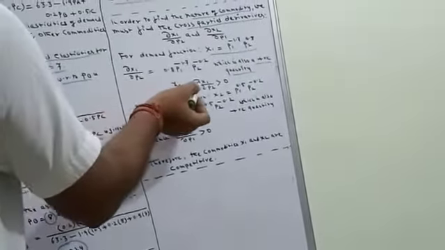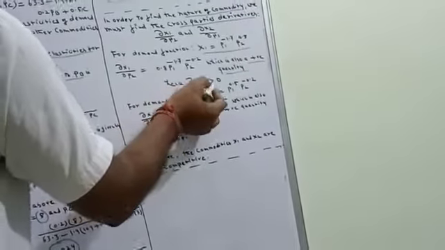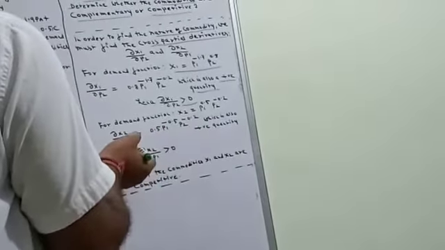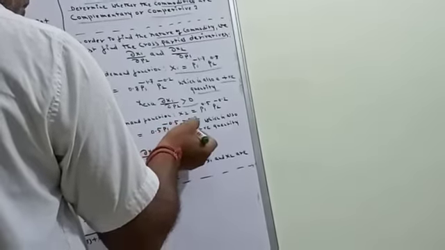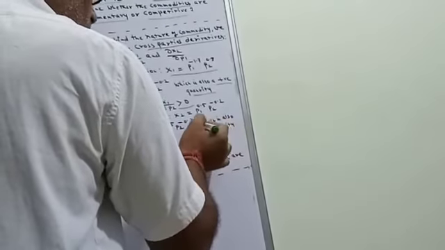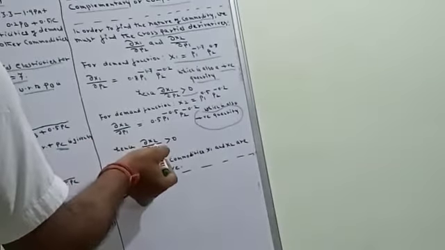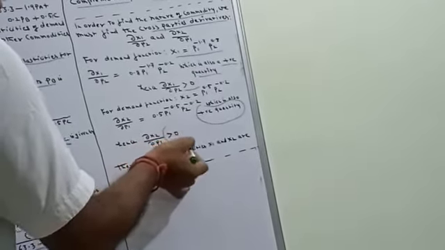Hence, del x2 with respect to P1 is also greater than 0.